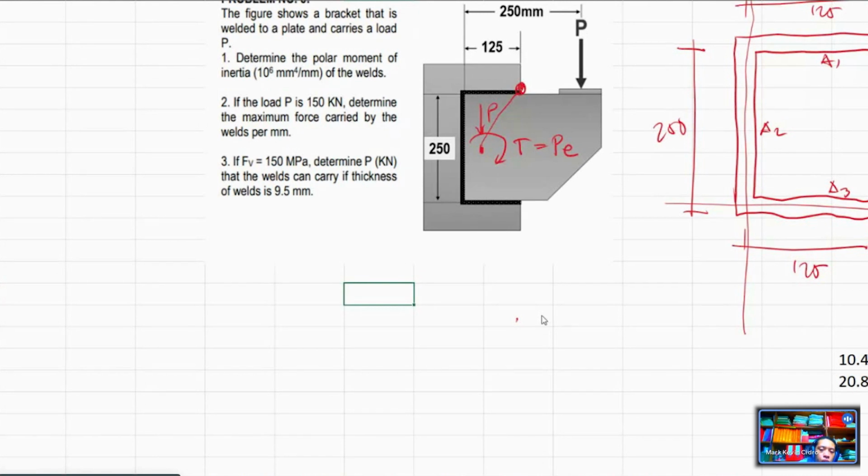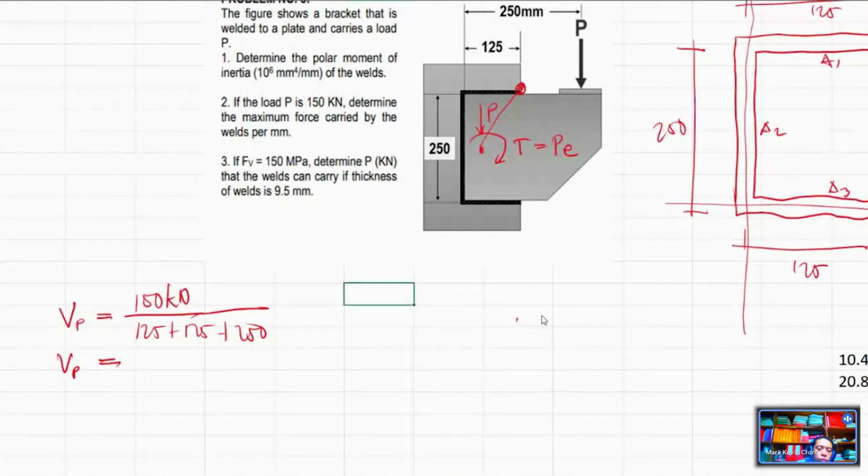Let's denote it as the shear stress due to P alone. You can denote the forces however you like. So VP is equal to the 150 kilonewton divided among all the weld length, that is 125 plus 125 plus 250.